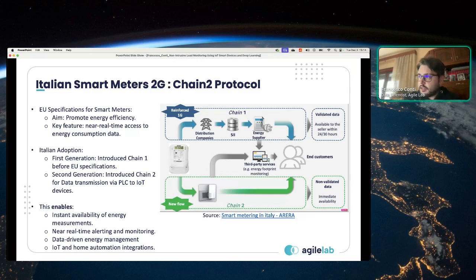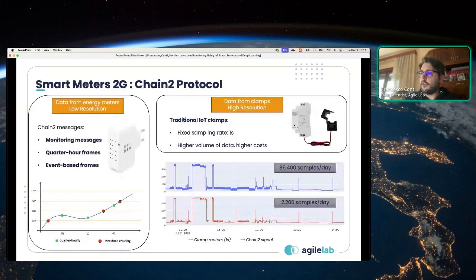But we are interested in NILM, so let's see what kind of data is received from this device. You can see the Chain 2 device. This is a plug device. Basically, we are receiving three kinds of messages from the energy meter.